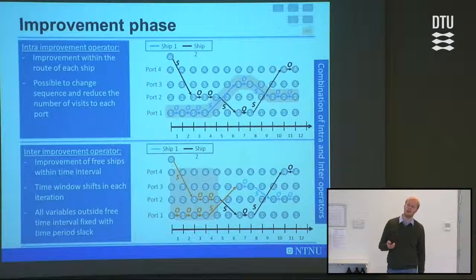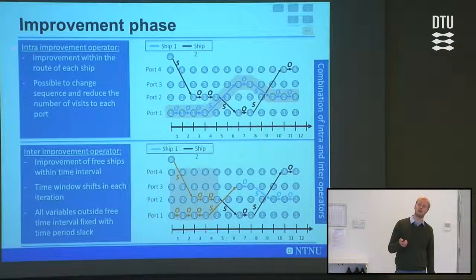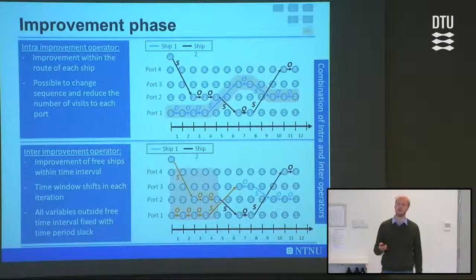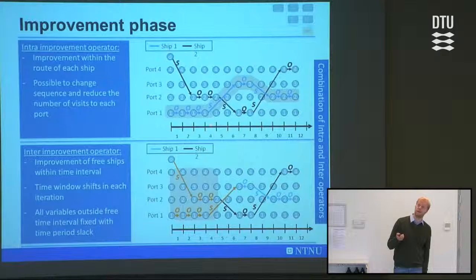We can do that either by intra-route improvement or inter-route improvement. In the intra-route improvement, we take 1 route at a time and see how many times this route visits port 1, port 3, and port 2.